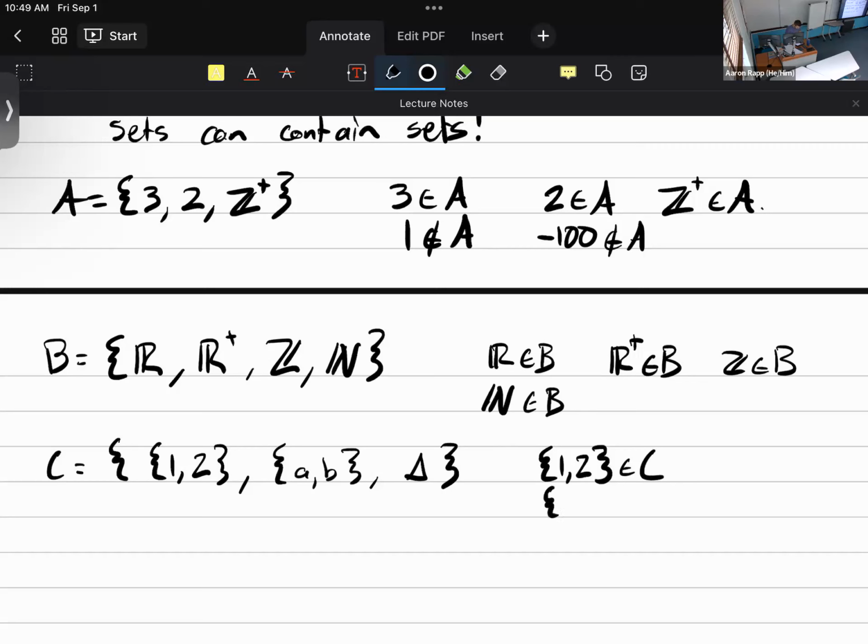The set containing a and b is also there. And then triangle is also there. Is the element lowercase a an element of this set, capital C? No, it is not one of those 3 objects. It's not the set containing 1, 2. It's not the set containing a, b, and it's not the triangle. So a is not an element of this set, just like how 2 is not an element of that.